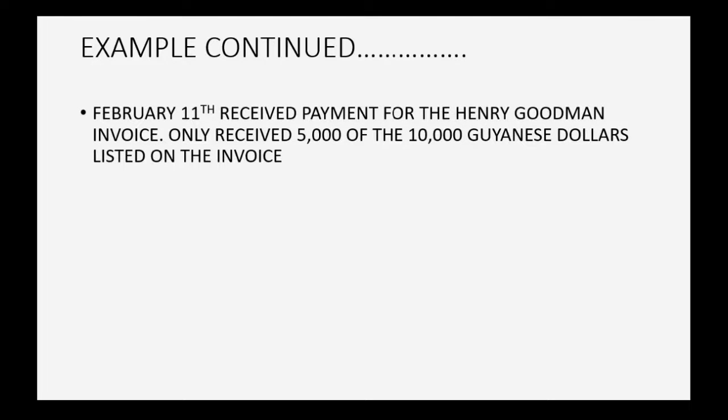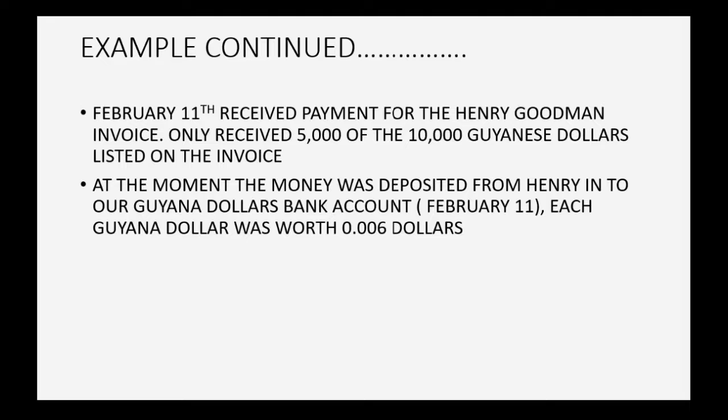Let's imagine on February 11, we received payment for the Henry Goodman invoice. Now let's imagine on February 11th that we only received 5,000 of the 10,000 Guyanese dollars listed on the invoice. At the moment the money was deposited from Henry into our Guyana dollars bank account on February 11, each Guyana dollar was worth $0.006 US dollars.